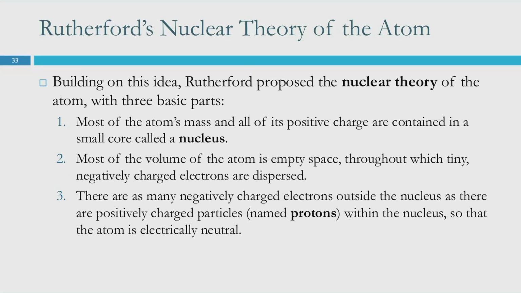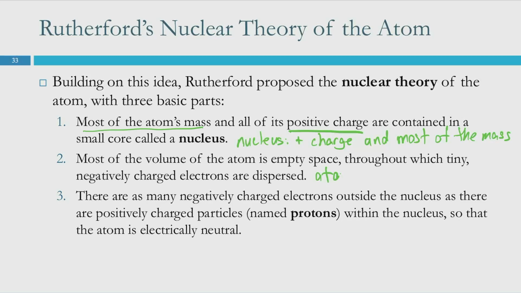So in Rutherford's nuclear theory, most of the atom's mass, like 99% of the atom's mass, and all of its positive charge are in the nucleus. So we've got positive charge and most of the mass. And then most of the volume of the atom is empty space.